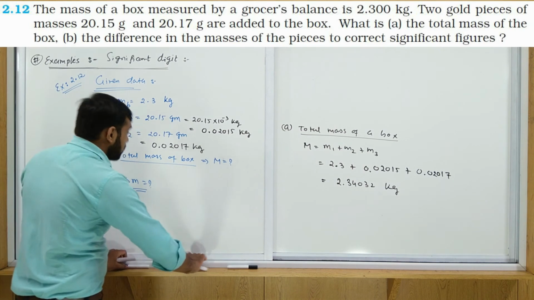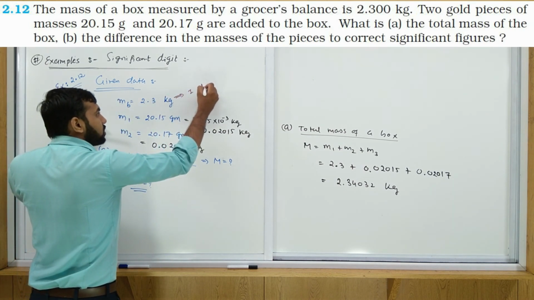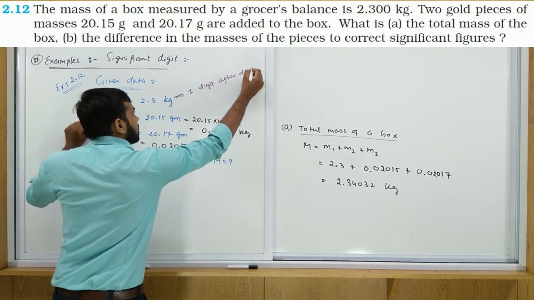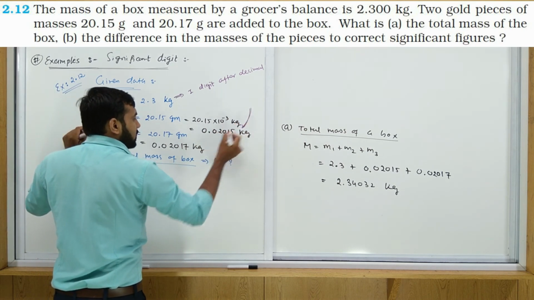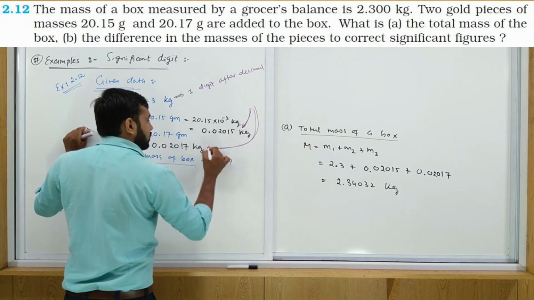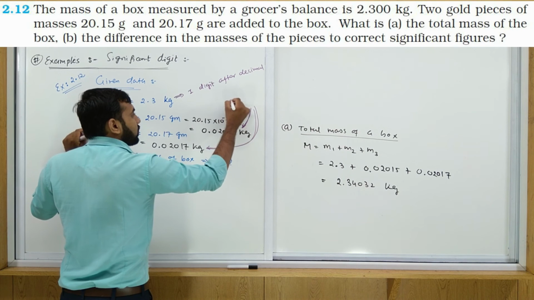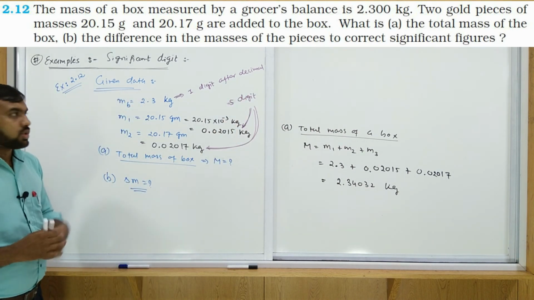Let's write: in this one, 1 digit after decimal, and in this case and this case, both 1 2 3 4 5, so 5 digits. Which one is minimum, 1 or 5? So 1 is minimum.